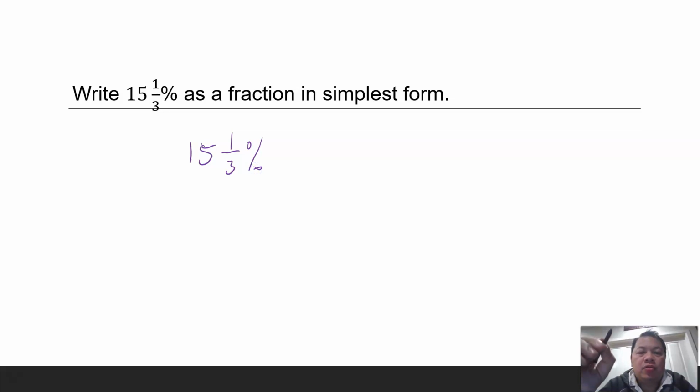Okay, so how can I convert this into a fraction then? So this will be 15 and 1/3 over 100.